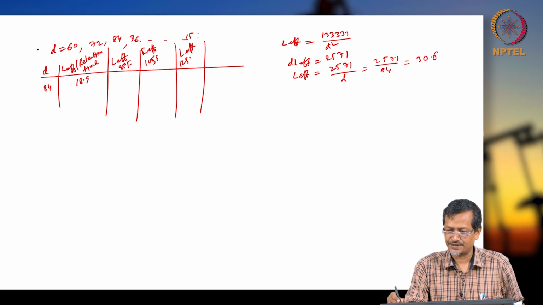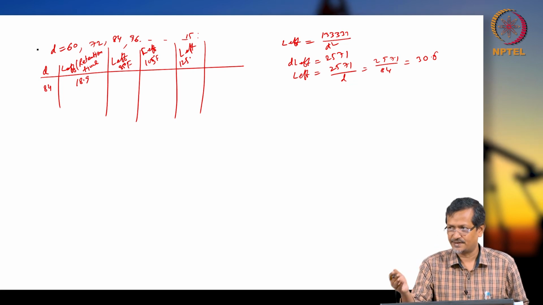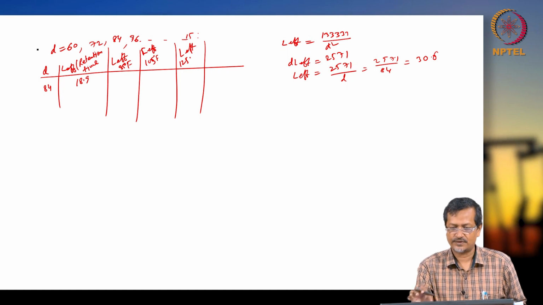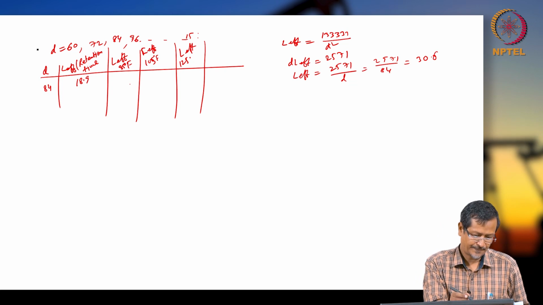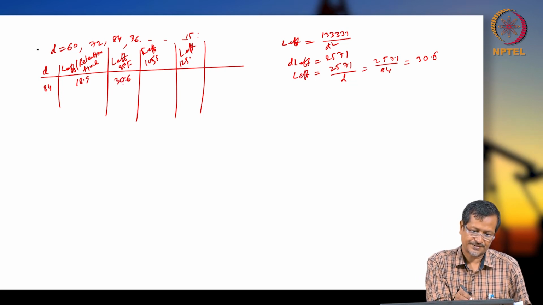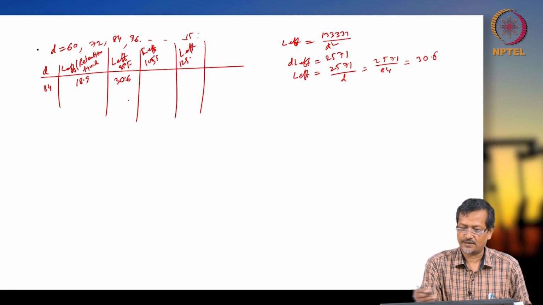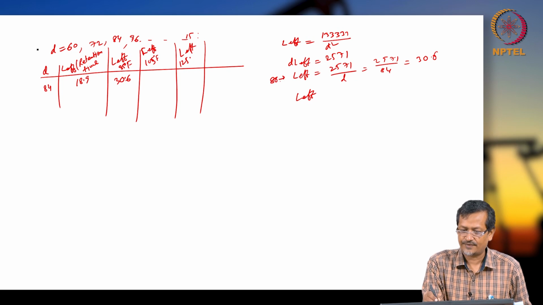Some approximation error may be there, so you can get a little bit more or less, but it should be around 30. It should not be too high or too low. If it is too high or too low, then there will be some error, maybe in my calculation or maybe your calculation. So 30.6.